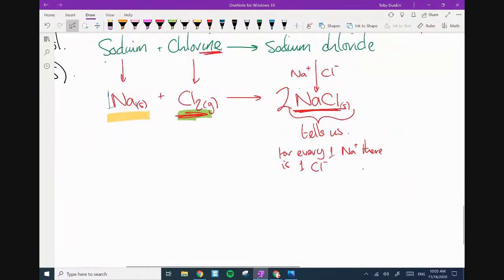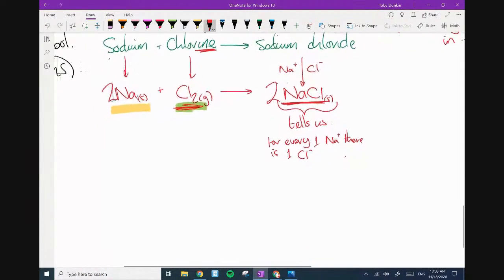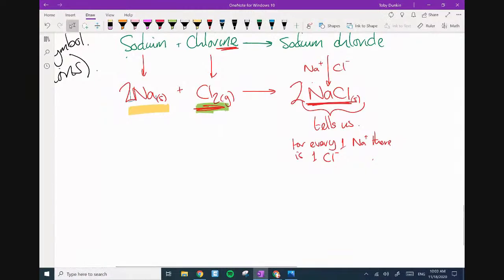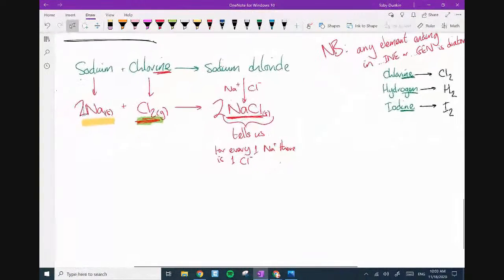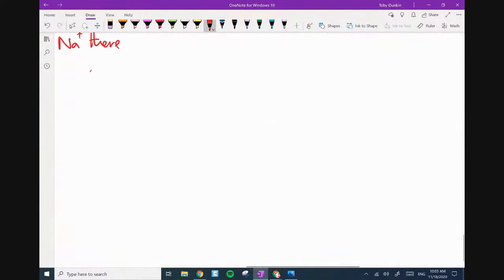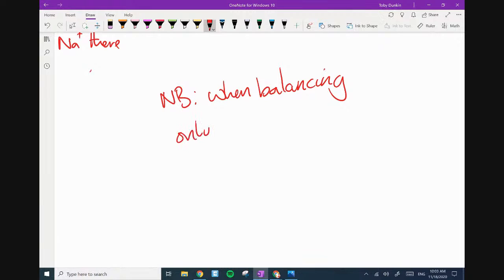Students, add in numbers whenever you balance. This is a nota bene. Whenever you balance, the only thing you can do is add big numbers in front. Another very important nota bene. I know I've already given you this before, but it's nice to write it down again and re-solidify. So nota bene: when balancing, only add numbers in front.